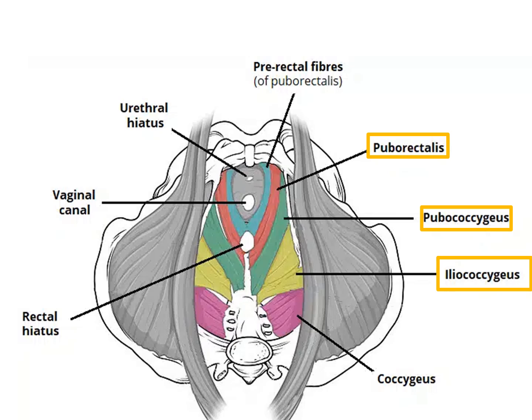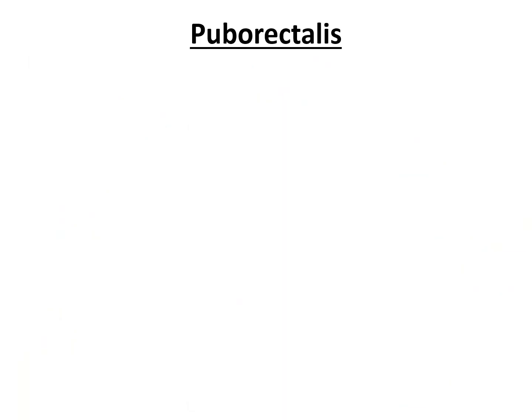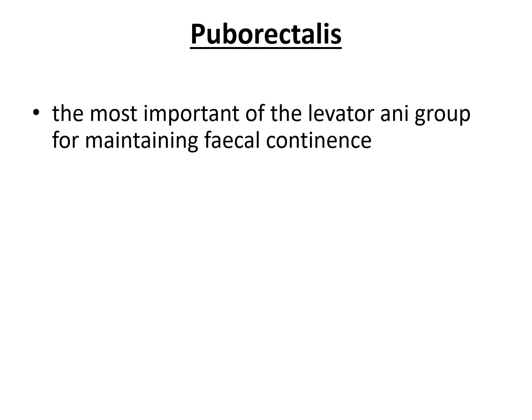The one most posteriorly here in violet is coccygeus. These are the three parts of the levator ani, which are supplied by the anterior rami of the sacral plexus. This muscle, puborectalis, is very important, as its name indicates.